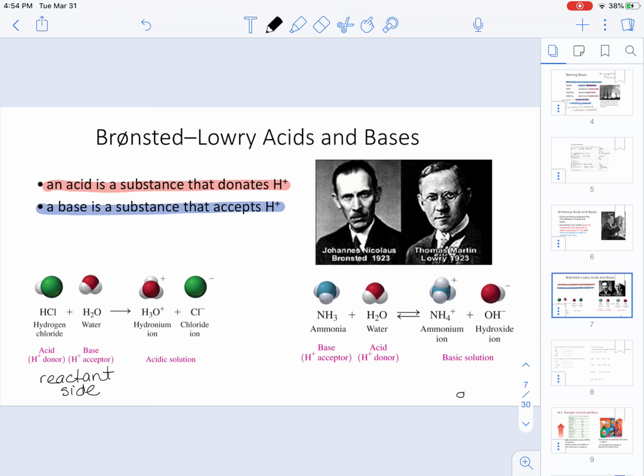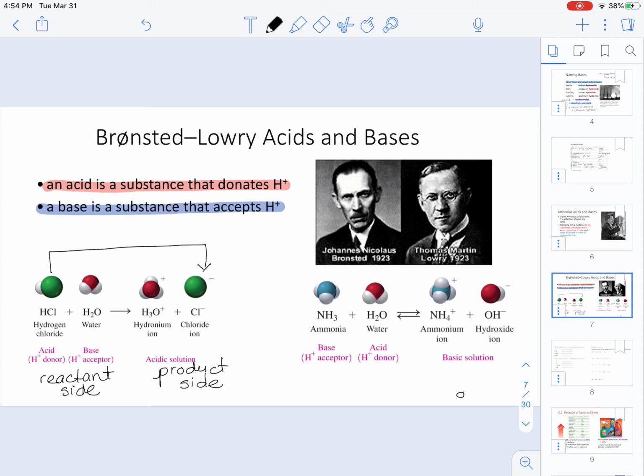Now, when we have the product side of our reaction, we actually have to give those species that are formed after the reaction happened a name. Since it has been established that HCl is the acid, it donated a proton.